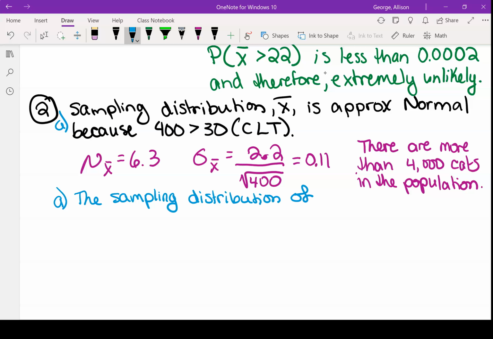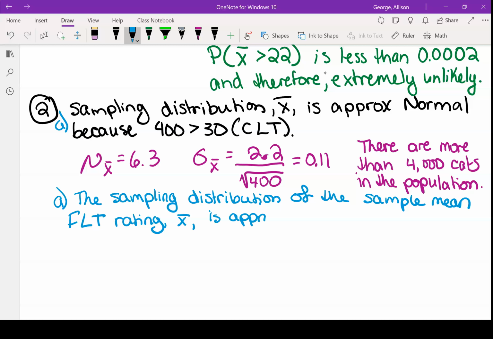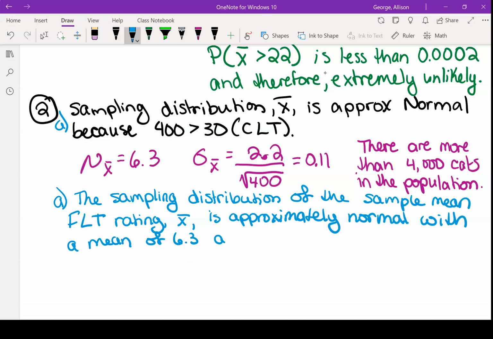The sampling distribution of the sample mean FLT rating, which is X bar, is approximately normal with a mean of 6.3 and a standard deviation of 0.11.